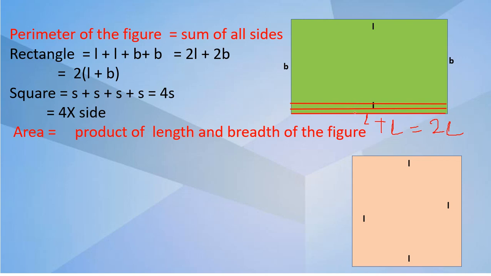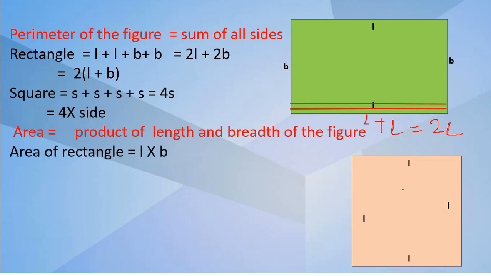We get how many times we are putting the length, up to B times. So area is nothing but the product of length and breadth. So when we have to calculate the area of the rectangle, it equals length into breadth.